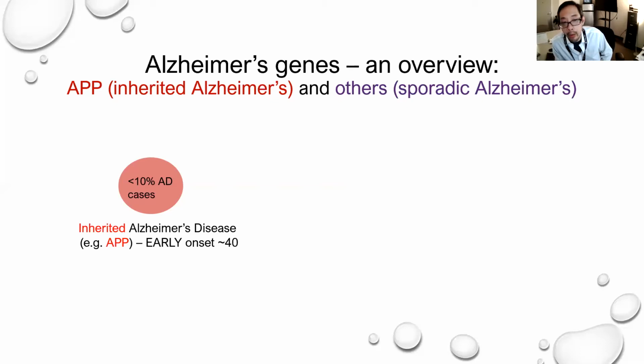Each carrier of a mutant of, for example, the gene APP will almost invariably show symptoms at age 40. This is what we say is very penetrant. These dominant inherited forms almost always manifest in Alzheimer's symptoms at an early age. And what I'll discuss later is that this is directly related to the production of beta amyloid.